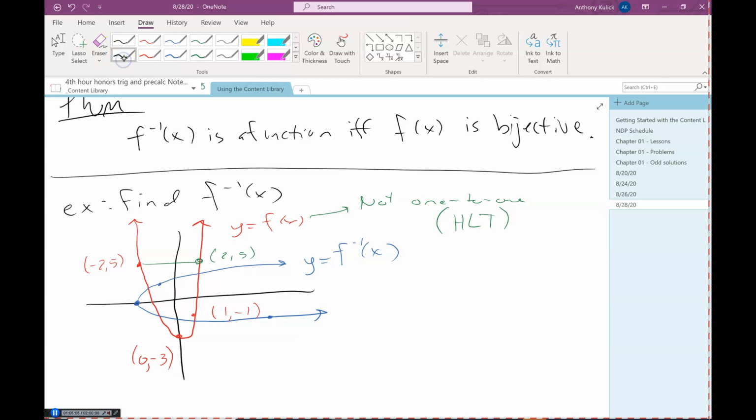So if you have a graph, you can check to see if the function is 1-to-1 by using a horizontal line test. If that horizontal line intersects the function more than once, it's not 1-to-1. And immediately you can say then that its inverse will not be a function either. Right? That's a direct consequence of not being 1-to-1.